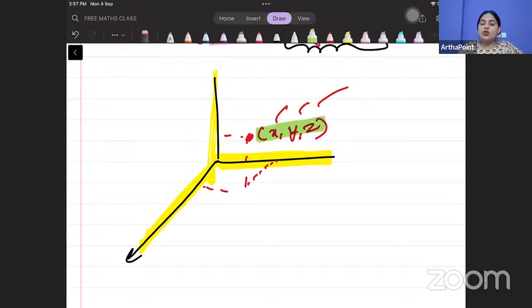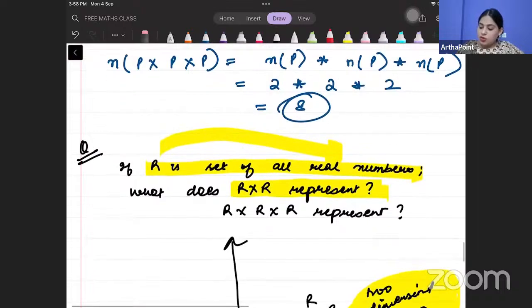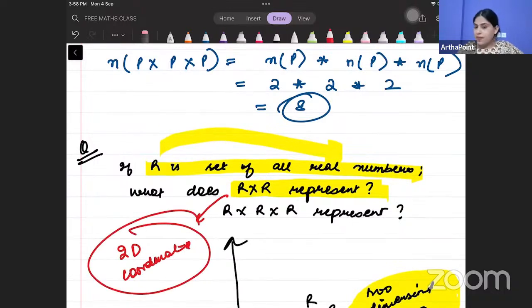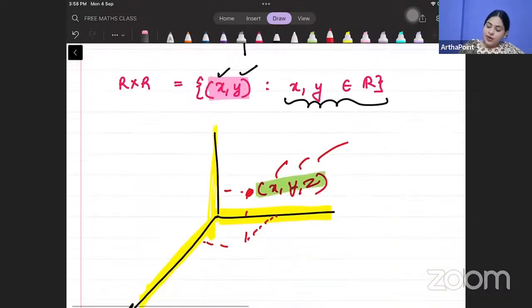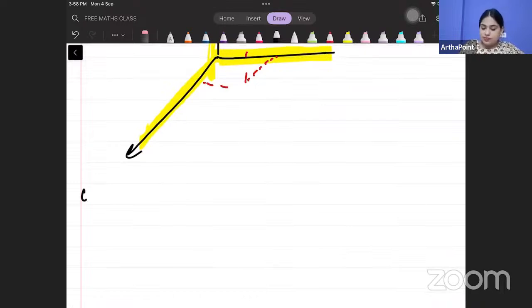I hope this is clear to you. That is a 3-dimensional coordinate and that a 2-dimensional one. So you can write that this is a 2D coordinate in the real space and this is a 3D coordinate in the real space. Okay, write down the next question, please.